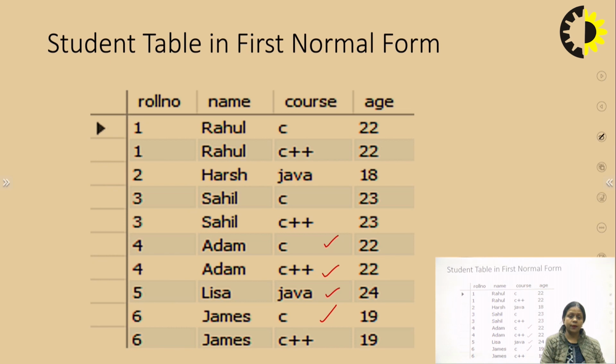We don't have multiple values here. So now this table is in the first normal form. For the first normal form, we have to remove multi-valued values in the cells, and we should have only single values, and we should also remove composite attributes if we have them.